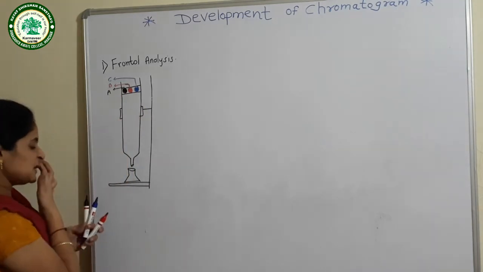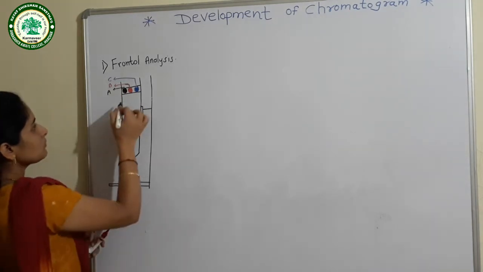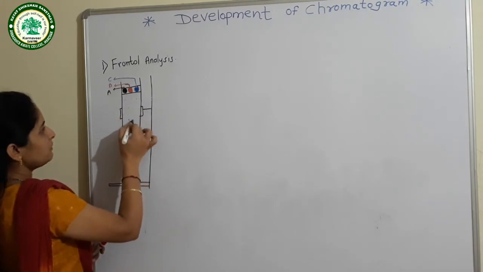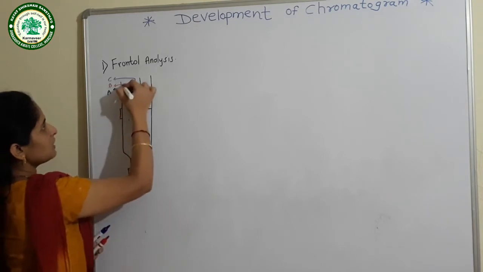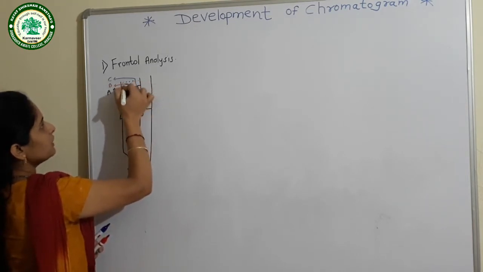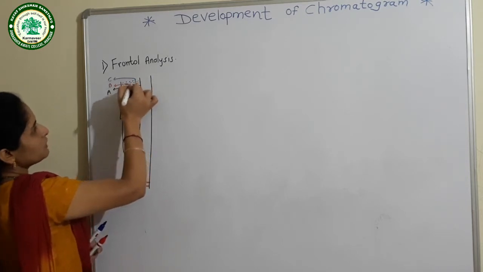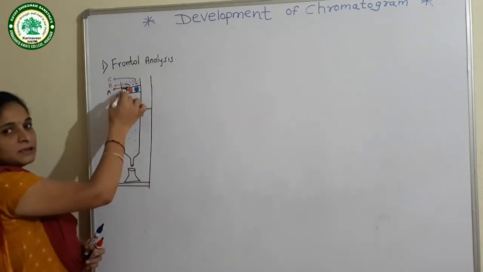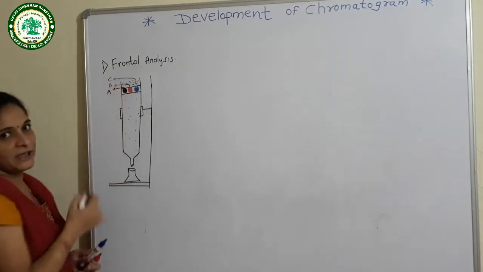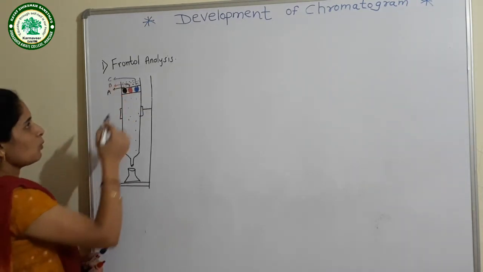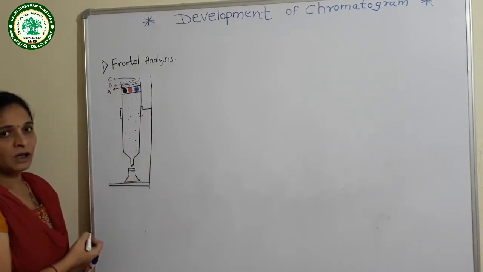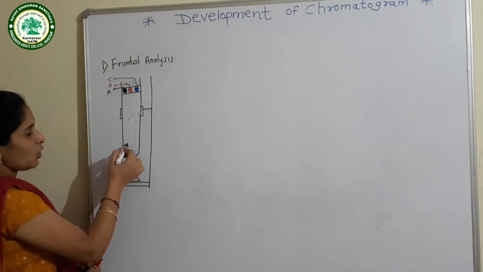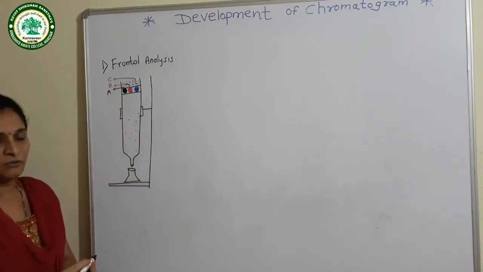This column consists of the stationary phase. Here is the solvent which is poured over our mixture of the sample. This solvent is the mobile phase. When we run this mobile phase over the stationary phase, some of the components get adsorbed over the stationary phase.